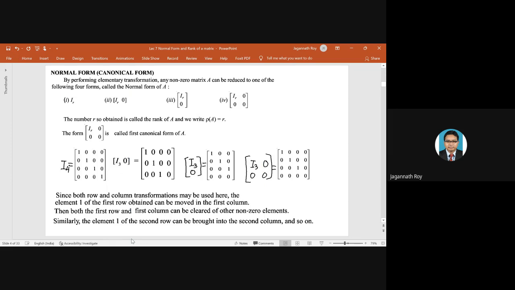Okay, then we briefly introduced what the normal form of a matrix is. Given a matrix A, we do row or column operations, and then we try to find one of the forms, the normal form.